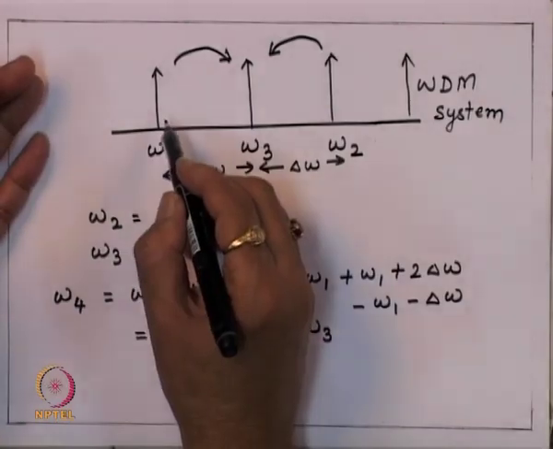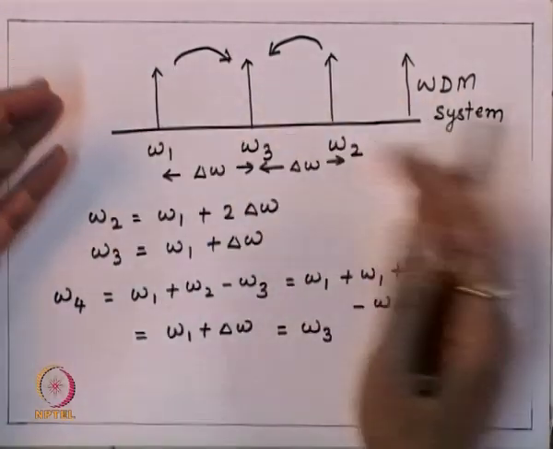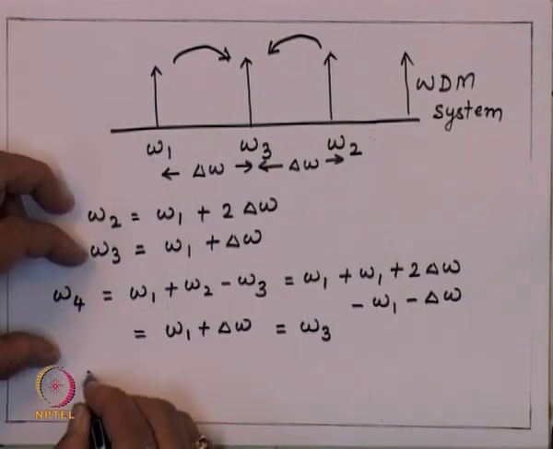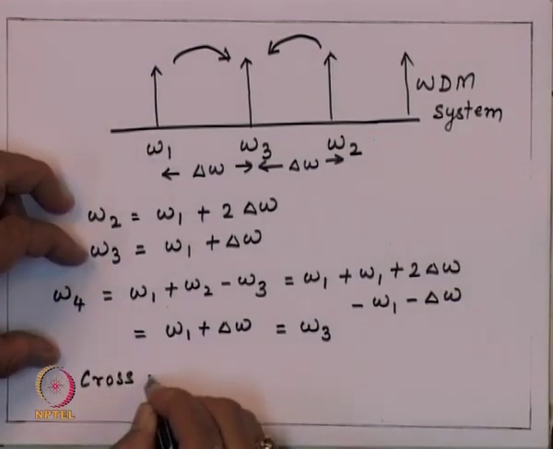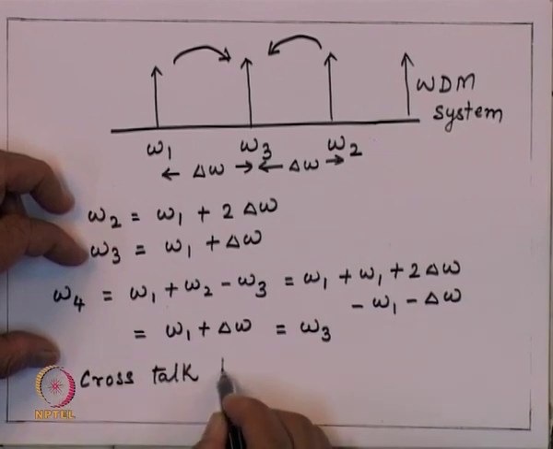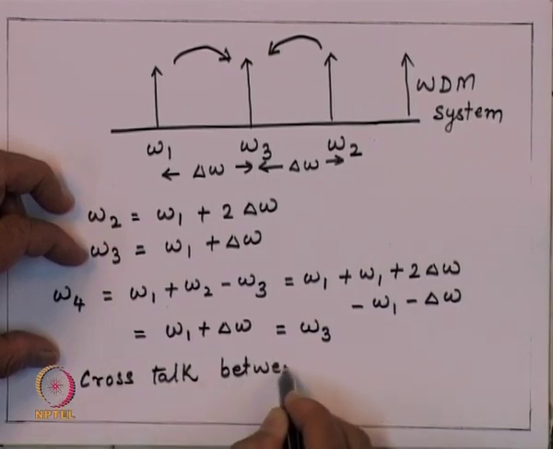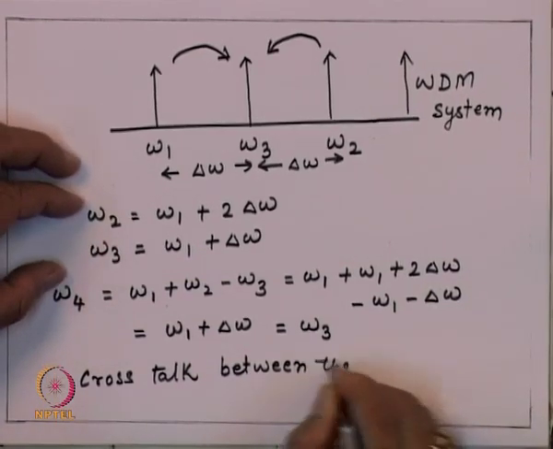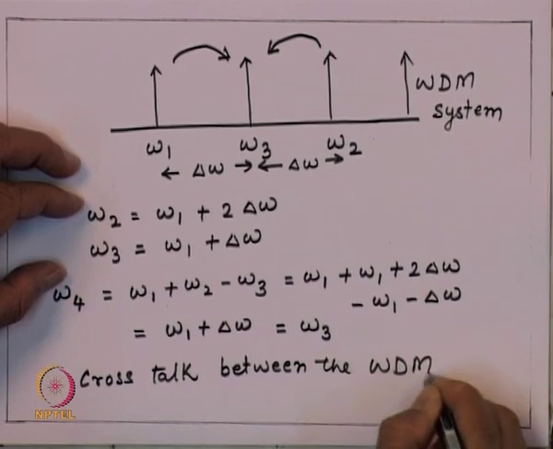Or in other words, there is going to be crosstalk created between all the WDM channels. So, you have a phenomenon called crosstalk between the WDM channels.